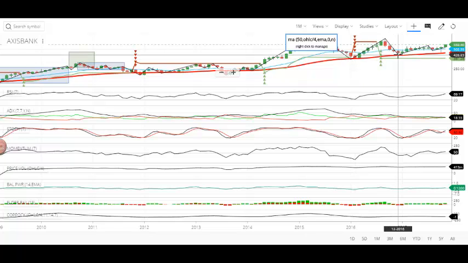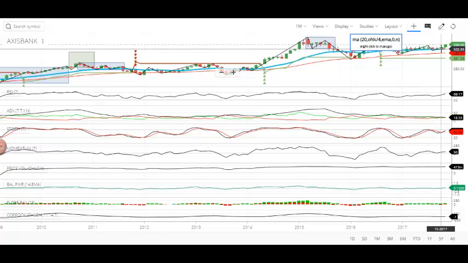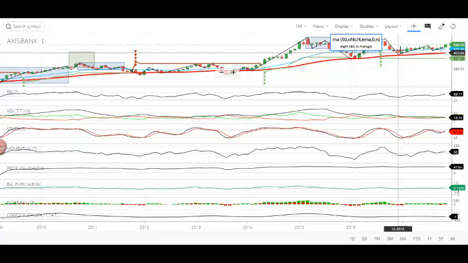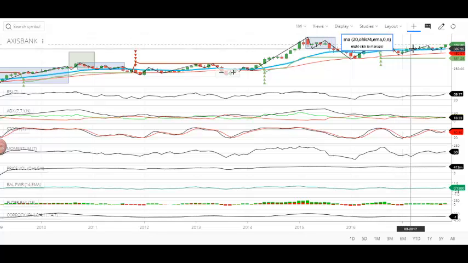Even the lows are greater than the previous lows. See this? This is how the stock is trending right now. The lows are going up and the highs are going down. It's a different kind of trending.